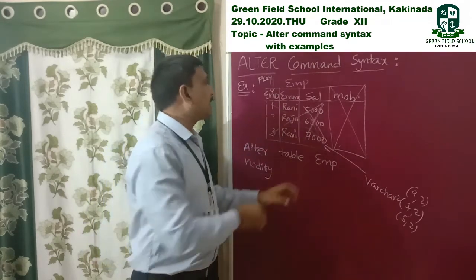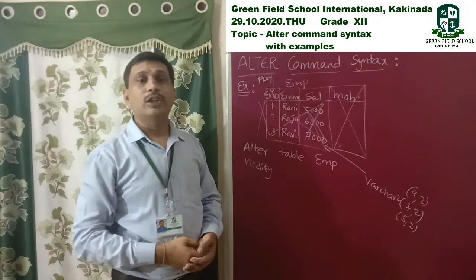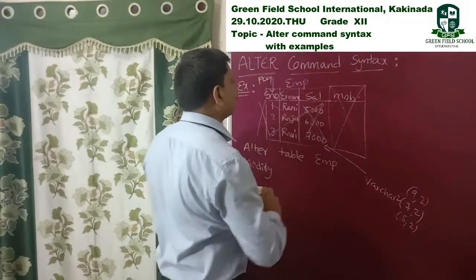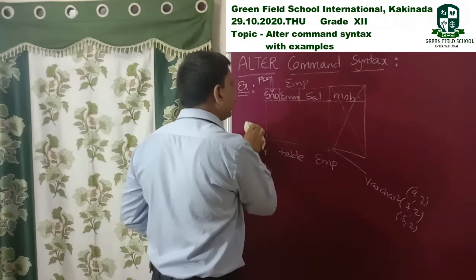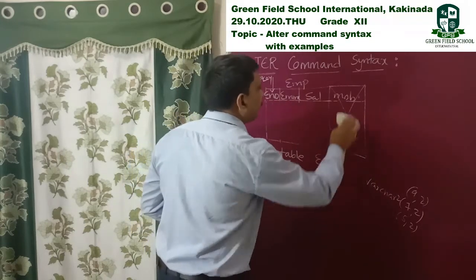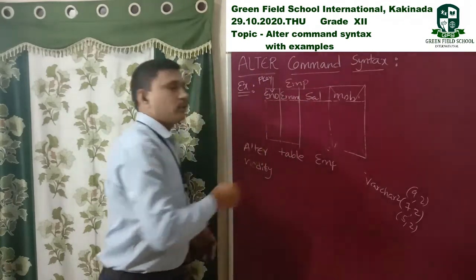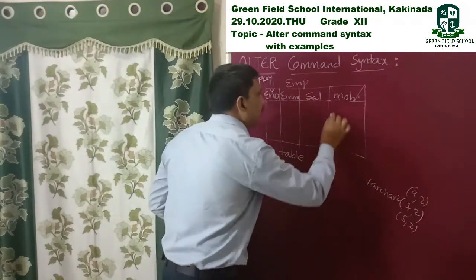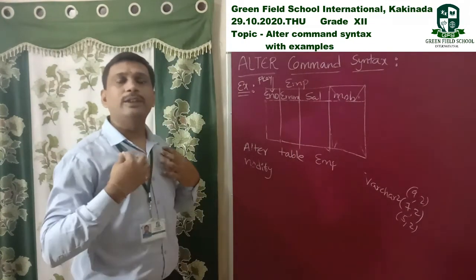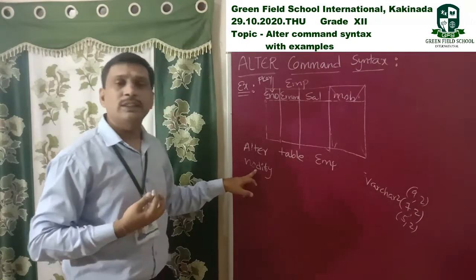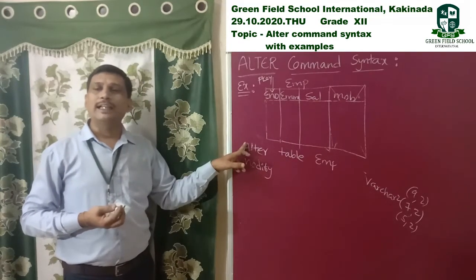First we remove the entire table's data by using the delete command. So after deleting the entire table's data for this particular column, the table is empty. Then I change it according to our requirement by using the modify option with the alter command.